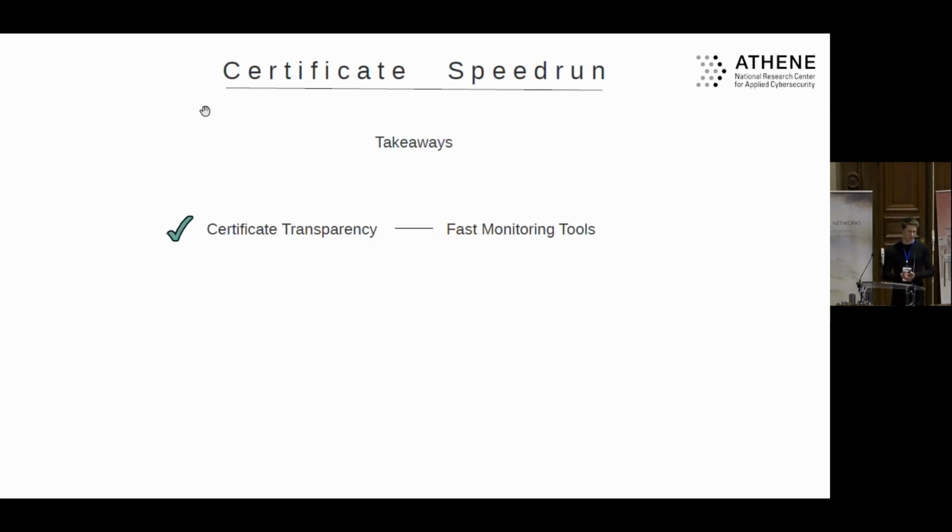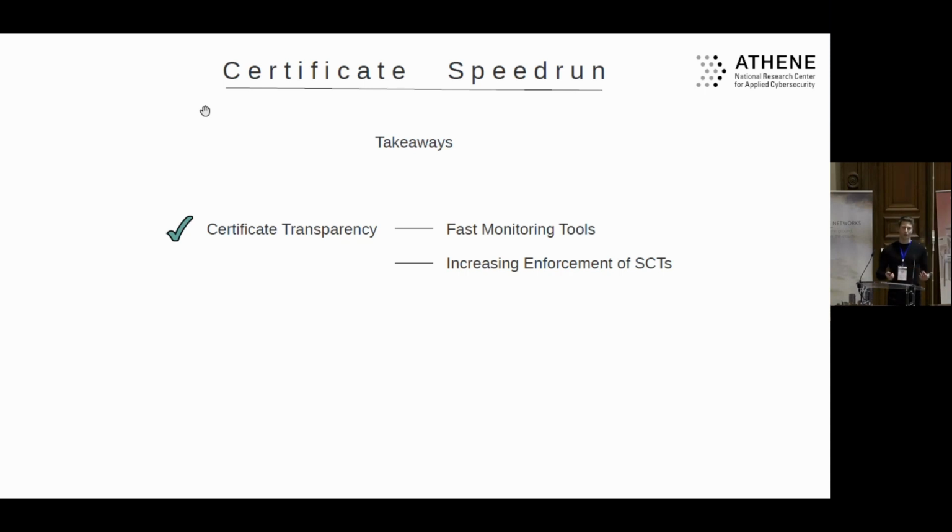Right. So summarize the main takeaways from this study. This is kind of a measurement end to end to see how revoked certificates are handled in today's ecosystem. And one of the main takeaways is that certificate transparency does work very well. So there are fast monitoring tools that are available.